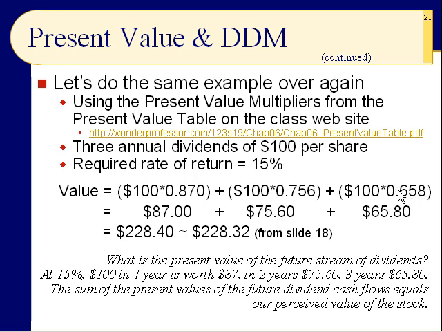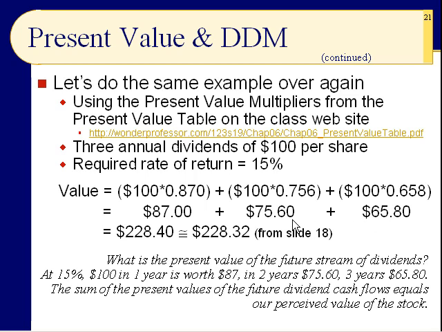And the last one is 0.658, and that's what we're going to get 3 years from now. The dividend in year number 3 is $100 times the present value multiplier of 0.658, $65.80. $100 3 years from now is worth to us today $65.80 if we require a 15% rate of return.